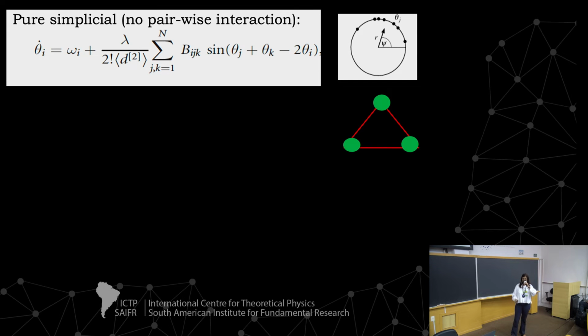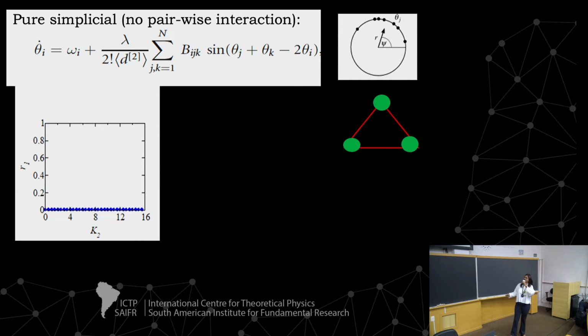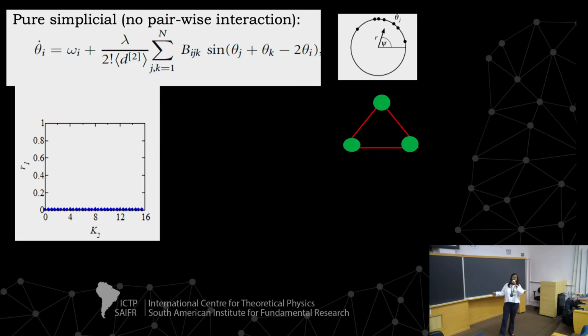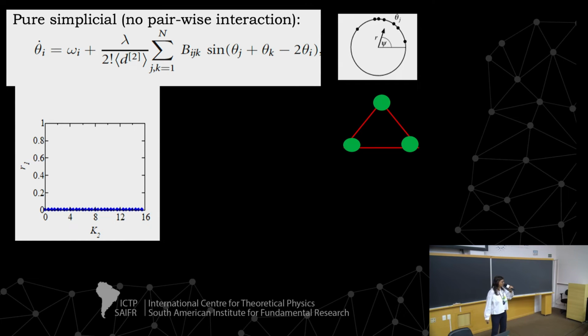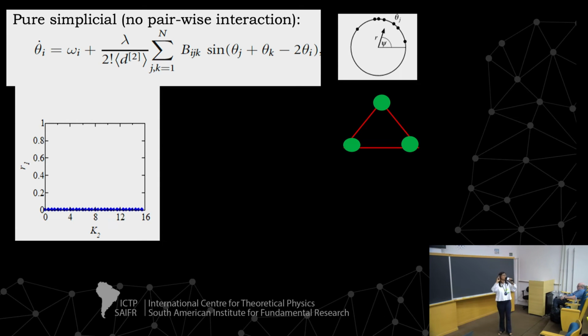So I show you the result here. So nothing happens. You keep on increasing. So here again the same graph. K. So I am sorry for this one. I am intermittently changing lambda versus K. So K is the coupling strength, which is same here, which is lambda. So K2 versus R, which is plotted here. And you can see that you keep on increasing the coupling strength. And R is equal to 0 is the stable solution for all values of K. So you don't get any synchronization here.